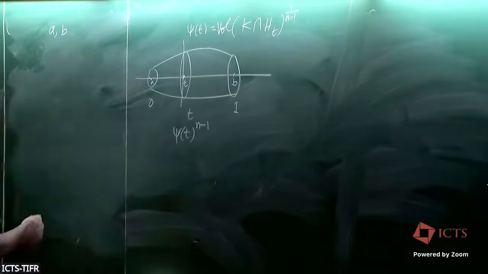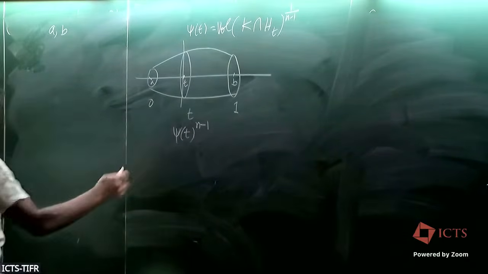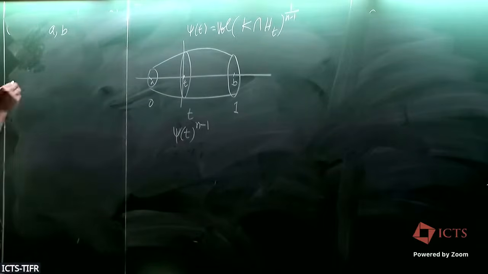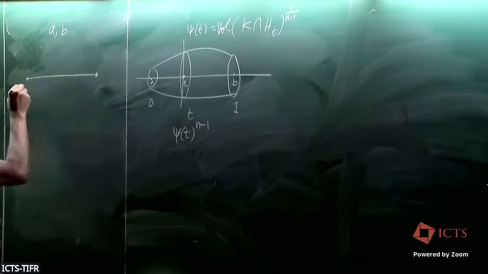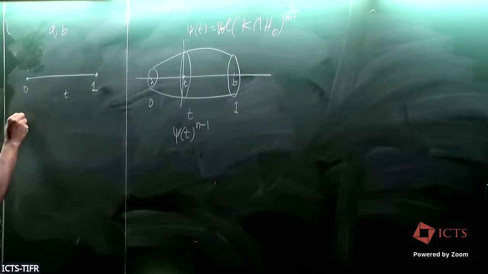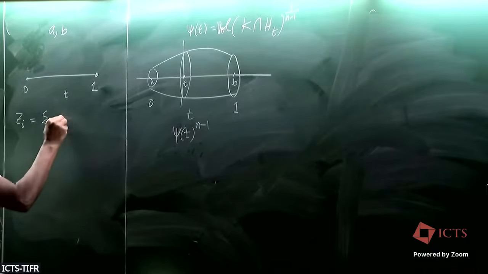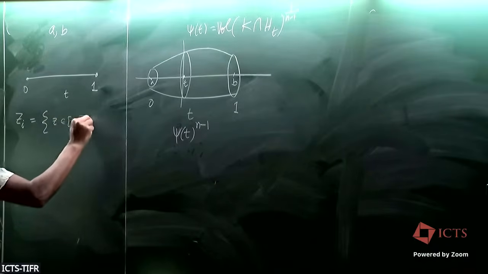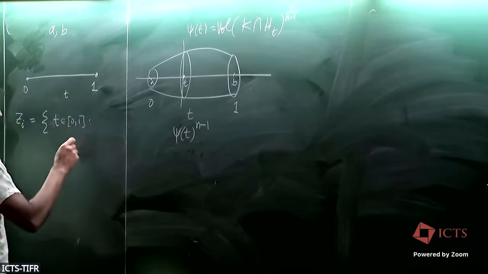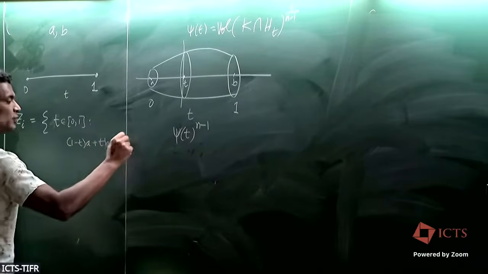So now going back here, we have A, B, and this concave function. And now I can look at it like this. I have a single interval 0 to 1. This is the interval for t. And let me define Zi, a subset of this, to be the set of points t belonging to 0, 1, such that the point 1 minus t times A plus t times B belongs to Si.